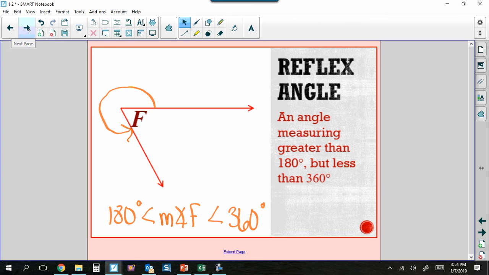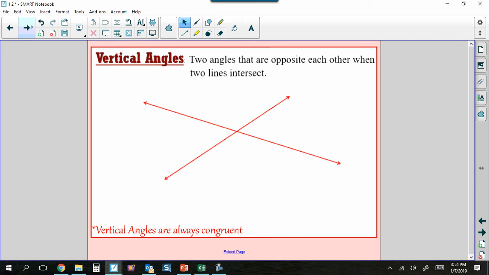Now we're going to start talking about angle pairs. First one, we have a pair of vertical angles. Vertical angles are going to be two angles that are opposite each other when two lines intersect. So you have a pair of lines intersecting here. You actually now have two pairs of vertical angles. You have a pair right here, they're opposite the vertex, they're opposite the point of intersection.